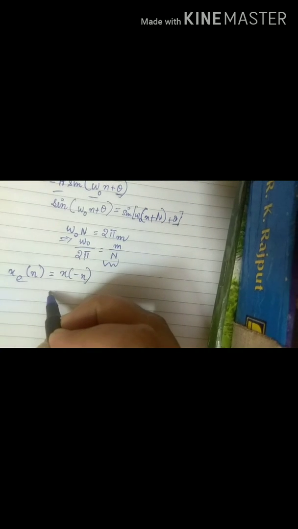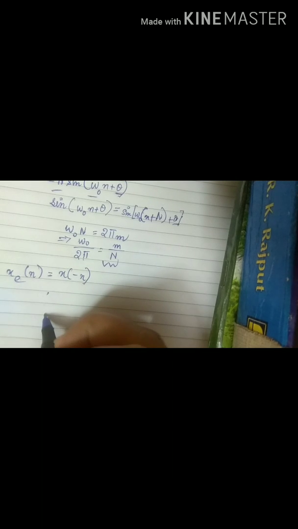An example is cos(omega n). Now, in the case of an even signal, we can observe that the amplitudes of the sequence on either side of n equal to 0 must be equal. So, an example I told you already is cos omega n.